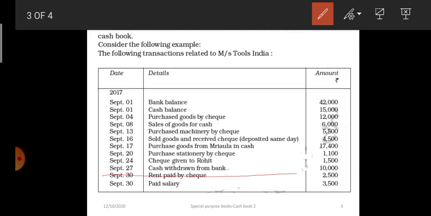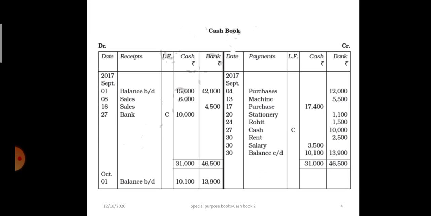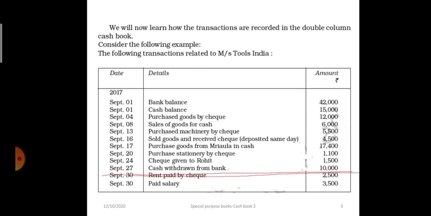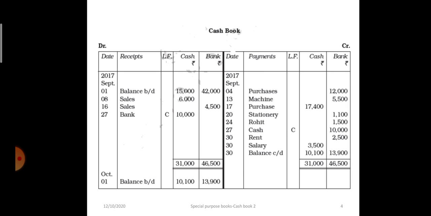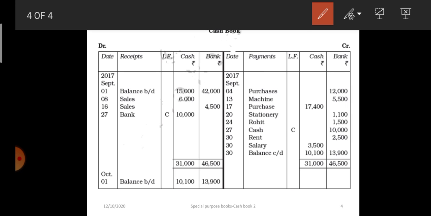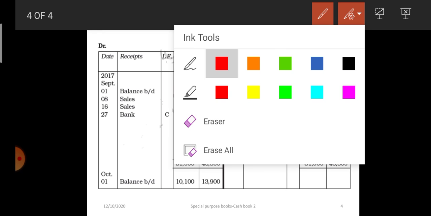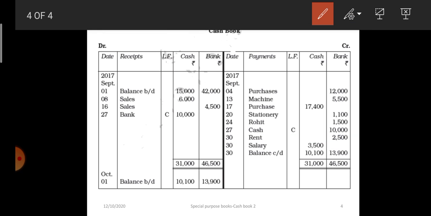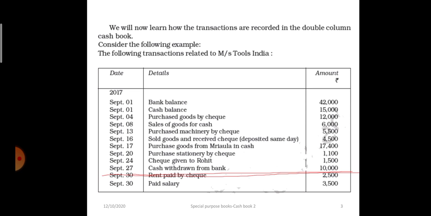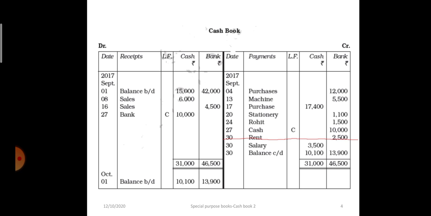September 30, rent paid by check 2,500 rupees, so By Rent 2,500 rupees in the bank column. The last transaction is September 30, paid salary 3,500.